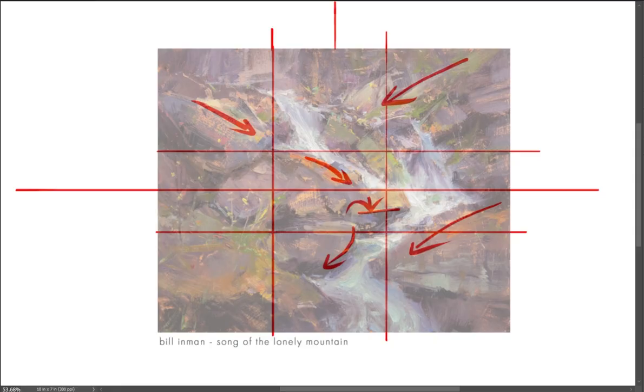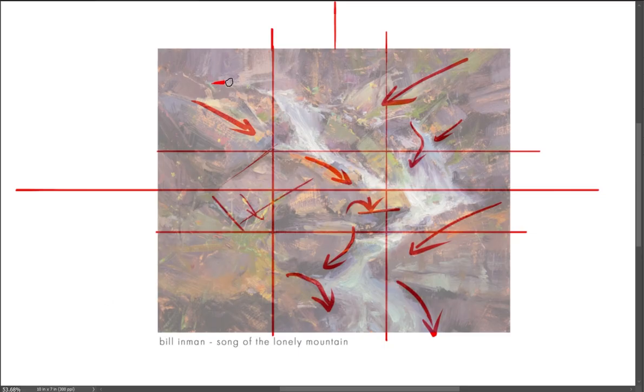And this stone here, we've got this curve that implies that it's speeding up, and in a similar situation, it's getting to a bump, it's interrupted, and it's falling down. So even without pointing out the creek in the center, if we just follow the lines of the stones and the way that they're arranged on this piece, you can feel that flow of energy going through the entire painting.